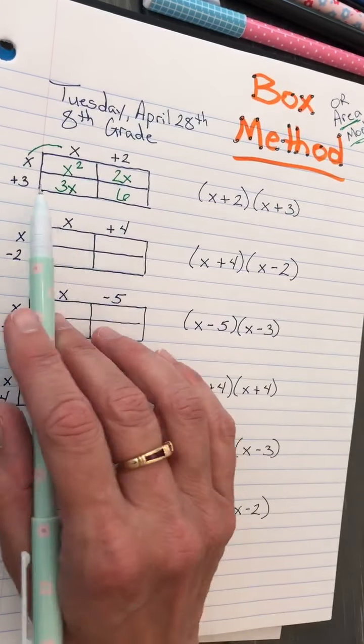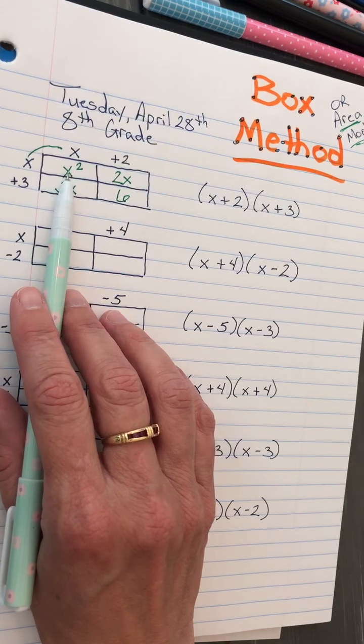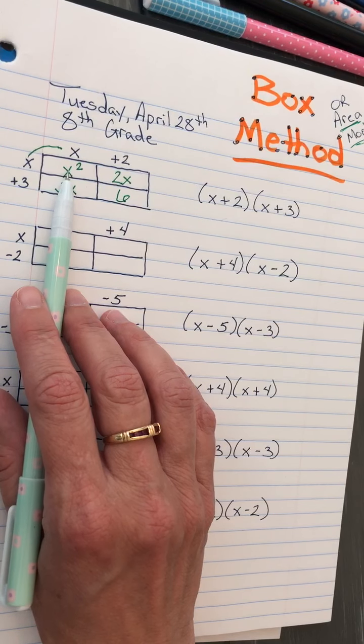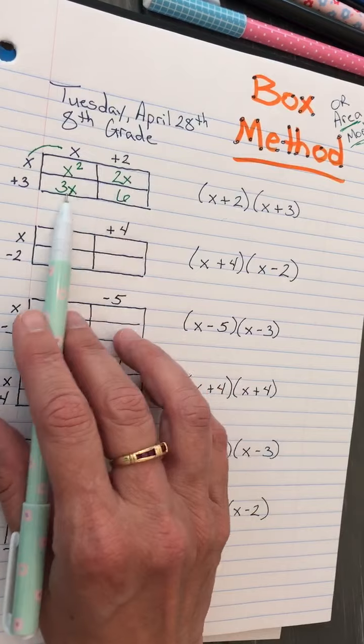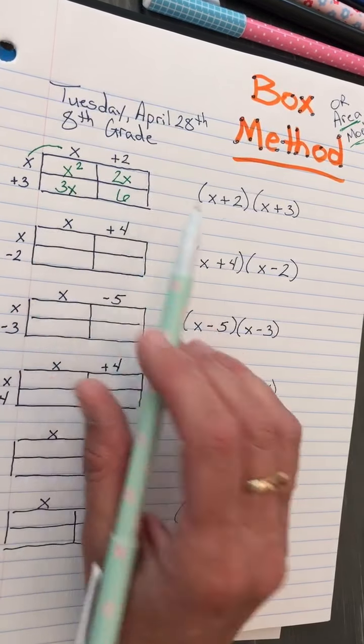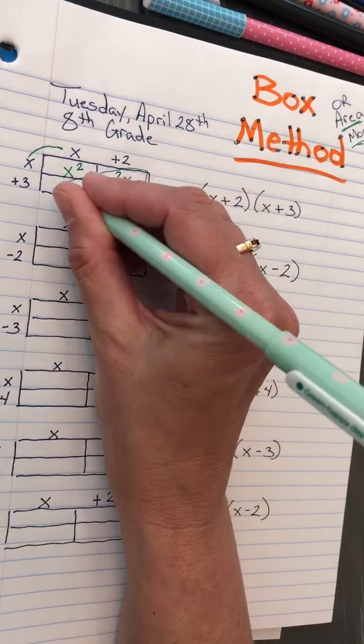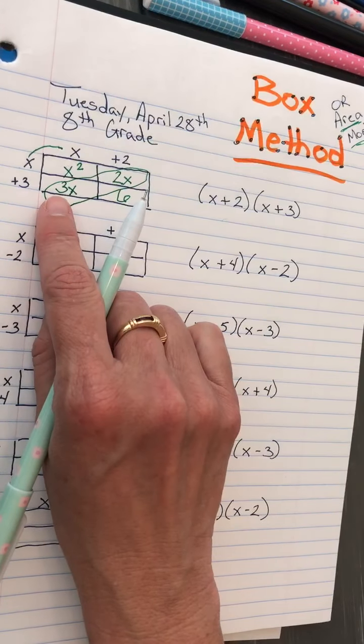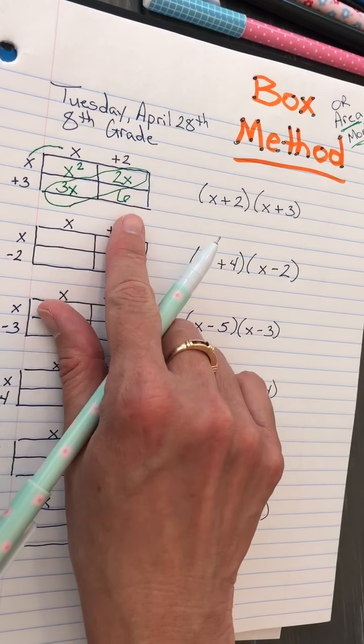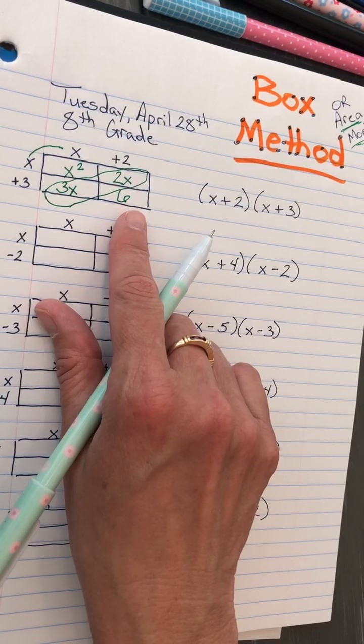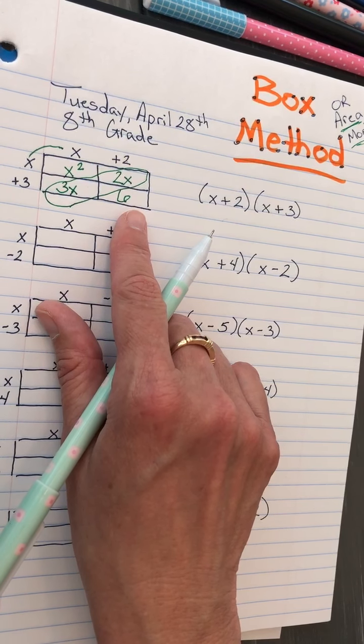Now you should notice this pattern. This box should always be the variable squared. These two boxes on the diagonal should be your coefficient with a variable, and this box down in the corner should always be your constant.